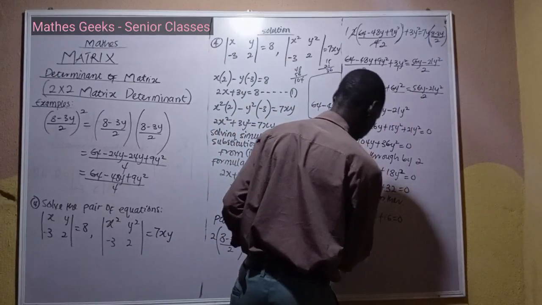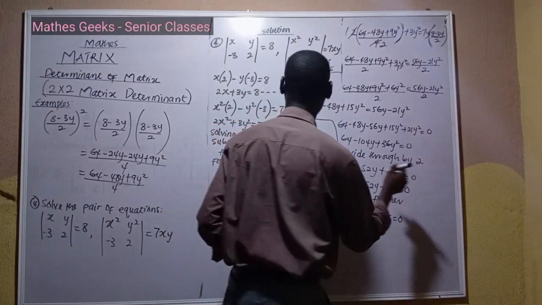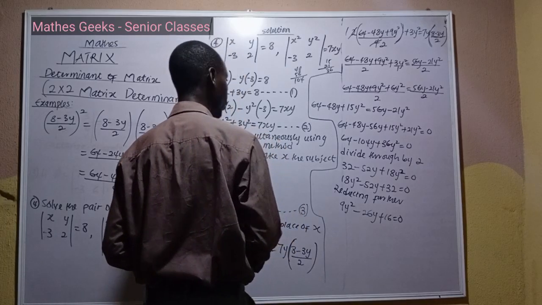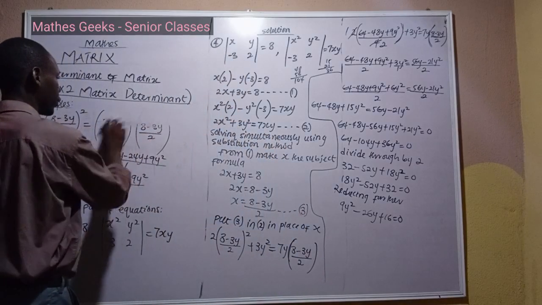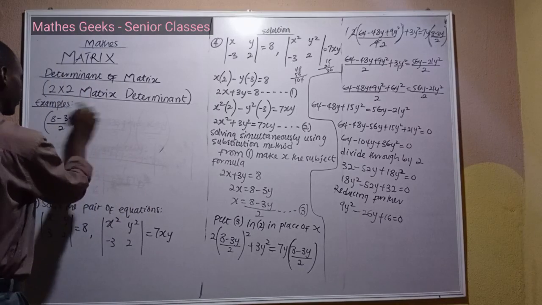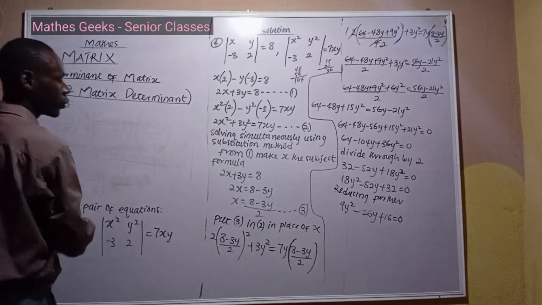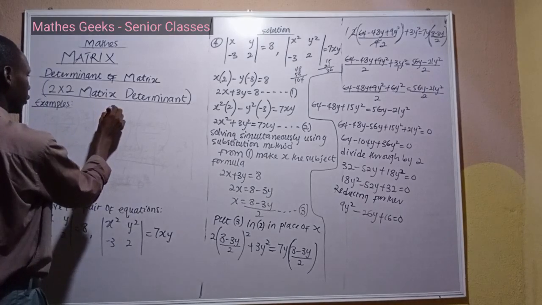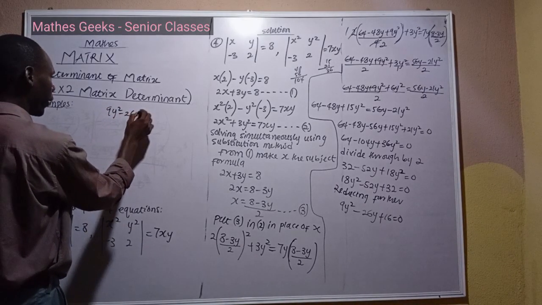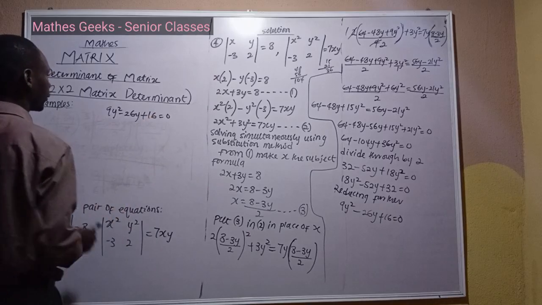So we factorize this expression. Factorize 9y squared minus 26y plus 16 equals to 0.